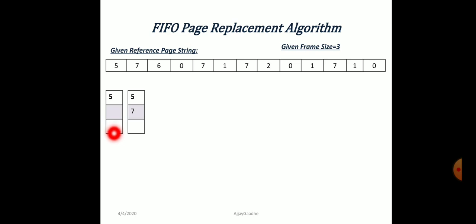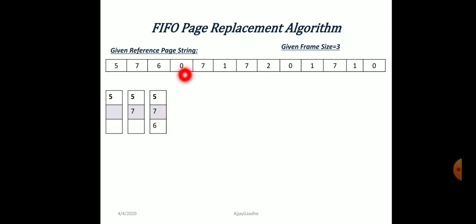It is brought from the secondary storage and put into the main memory. Next requested page is 6. Again it is not present, so it is a page fault, and as the frame is empty it can be placed in the main memory directly without replacing any other page.